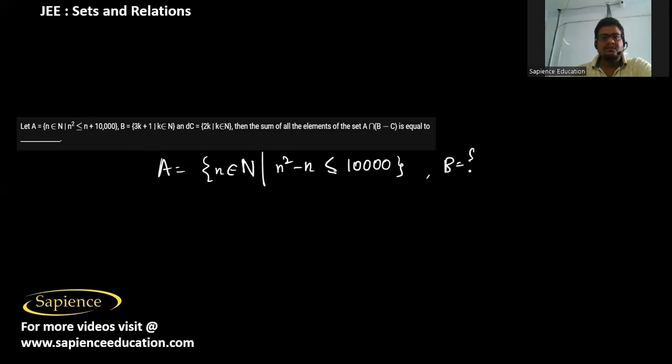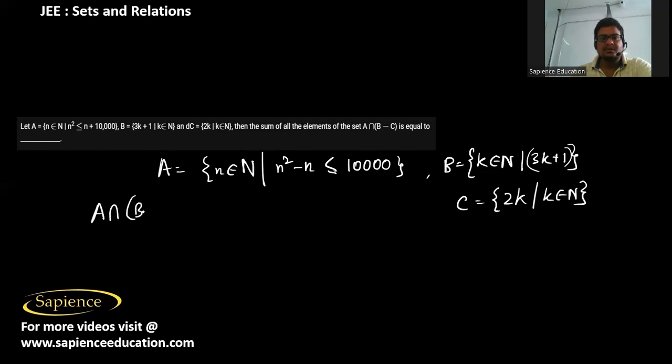And set B contains all those natural numbers of the form 3k plus 1. And C contains only the even natural numbers, where k belongs to N. So then the sum of all the elements of the set A intersection (B minus C) is equal to.